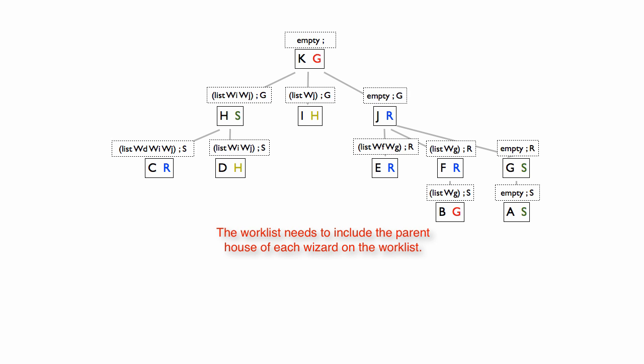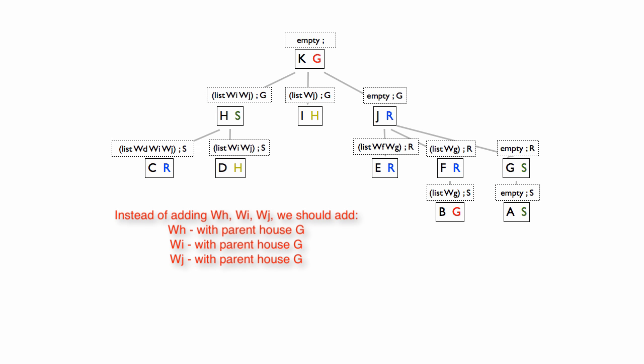When we're at a call to fun-for-wiz on K, we're going to add three things to the work list. We're going to add H and I and J. But what we really need to do is add three pieces of compound information. We need to say, yeah, it's H with parent house G, and I with parent house G, and J with parent house G.